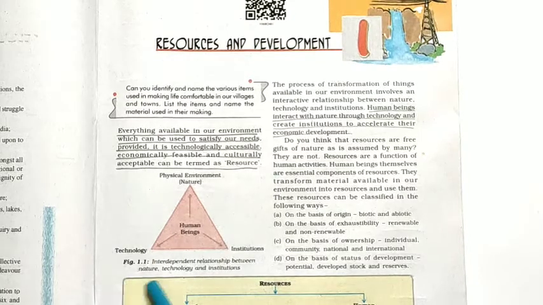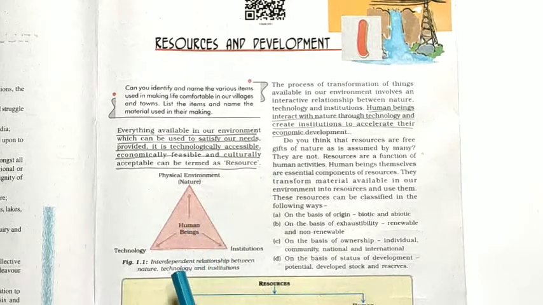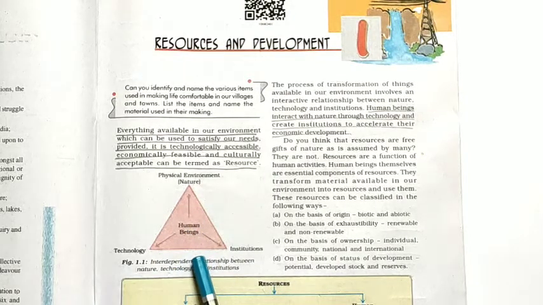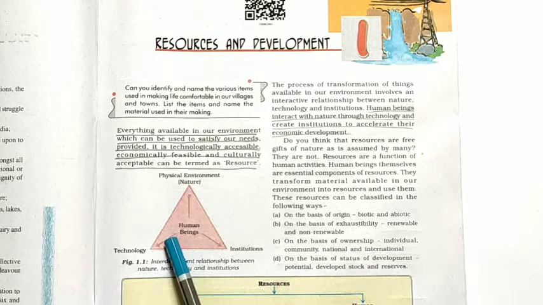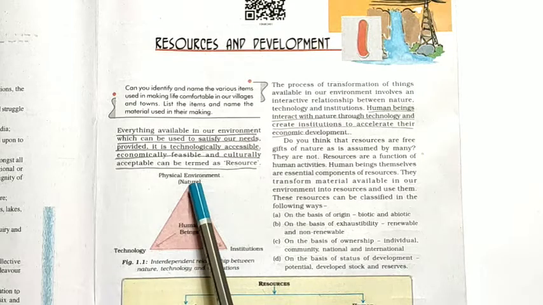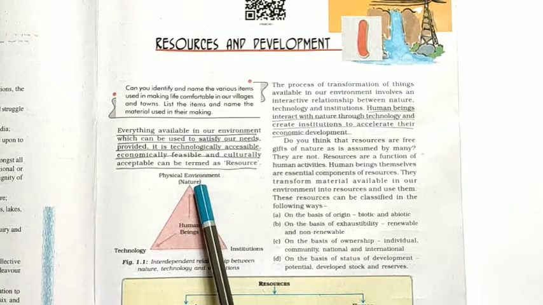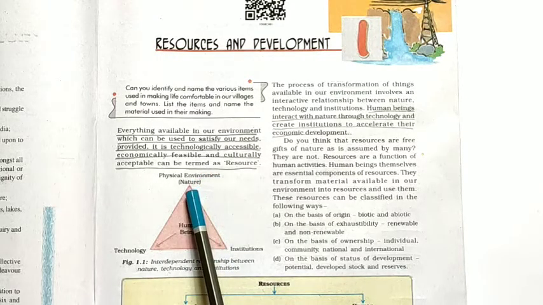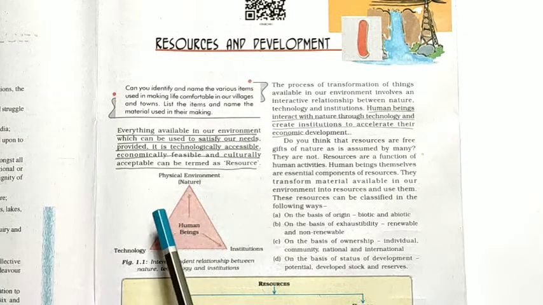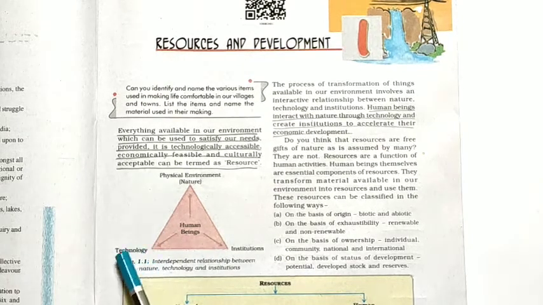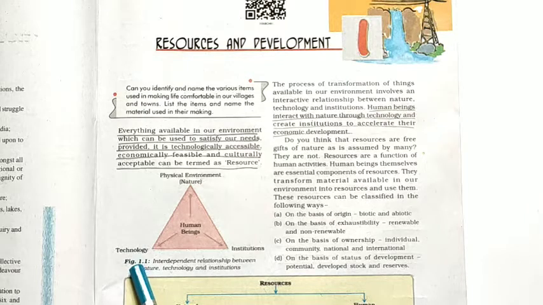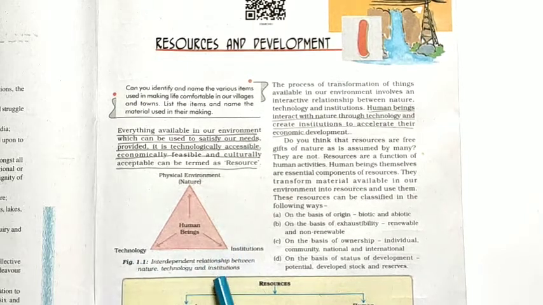In this table, you can see that during the process of transformation of material into resource, human beings are interconnected to physical environment, that is nature, from where we find the things or materials, after which some technology is used to access that material, and an institution is formed where that material is transformed to resource and is used.